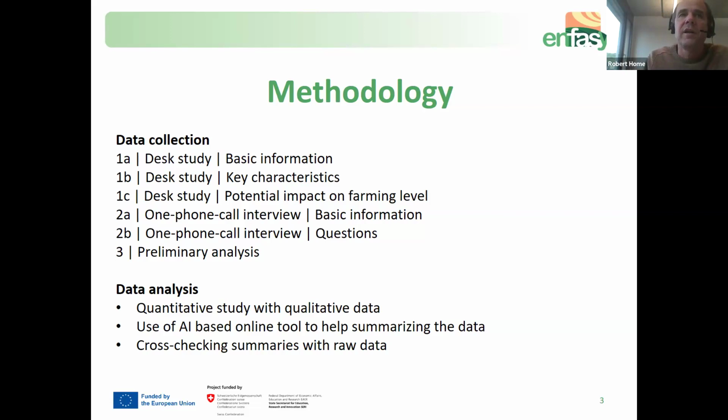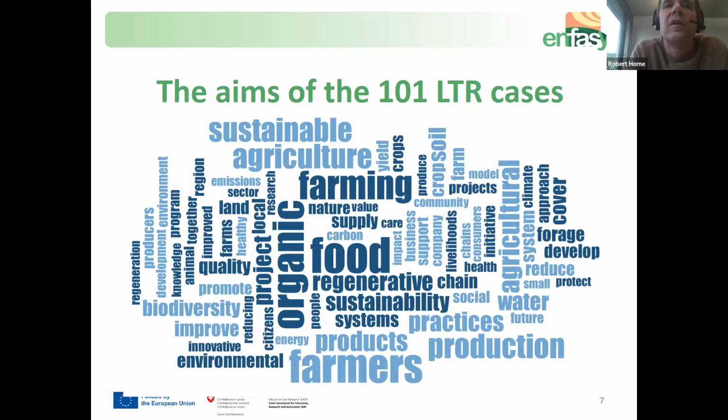As I said before, one of the things that we were using the light touch review for was to come up with some questions that we might want to ask in the in-depth reviews, and also to come up with some kind of categorizations of the light touch review cases. One of the things we looked at was the aims of the cases.